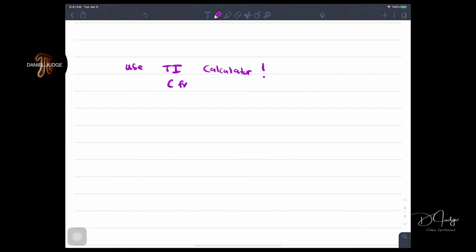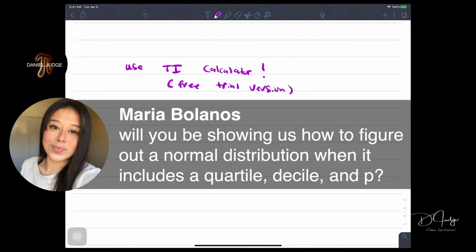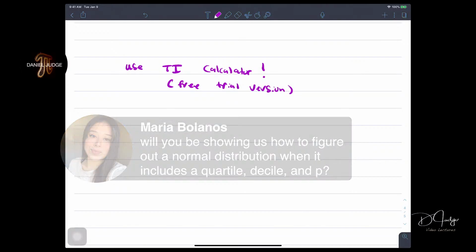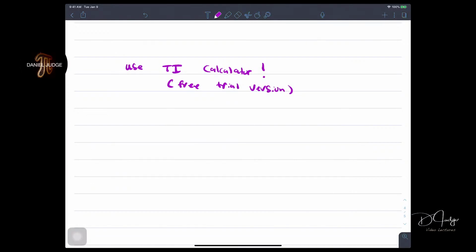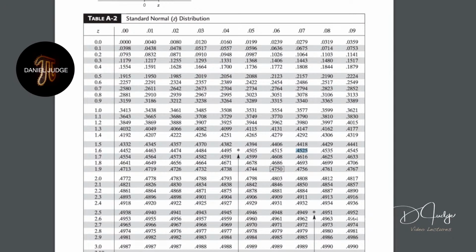There's a free trial version. And we talked about that. Yeah, eventually, Maria, we will. Eventually, yes. So I want to show you guys on the TI, and if I go to the browser here, so I'm going to go to this browser, and here's the deal with the browser.